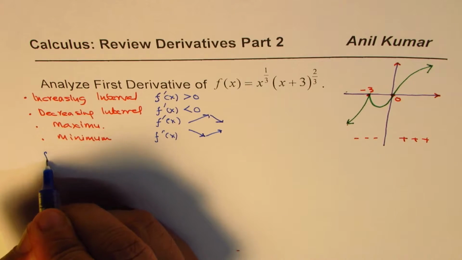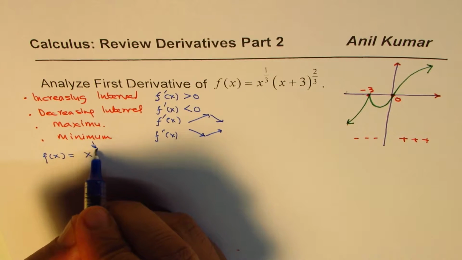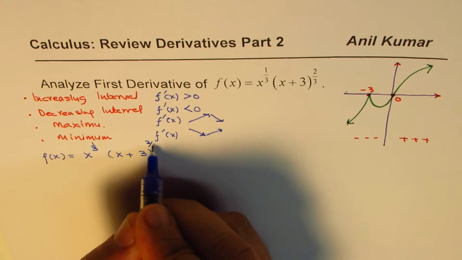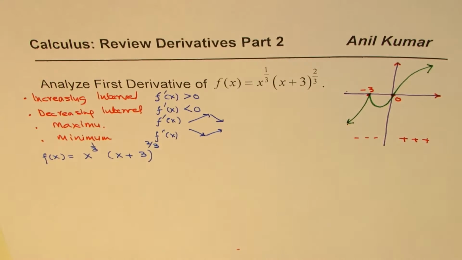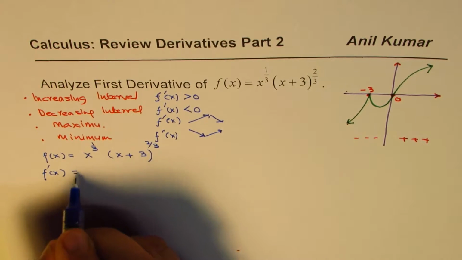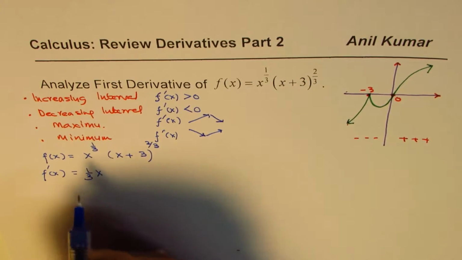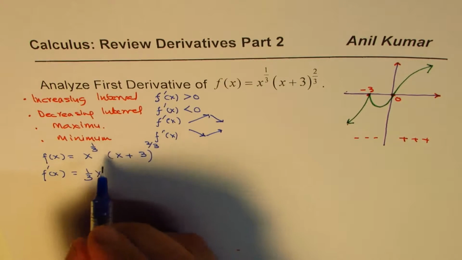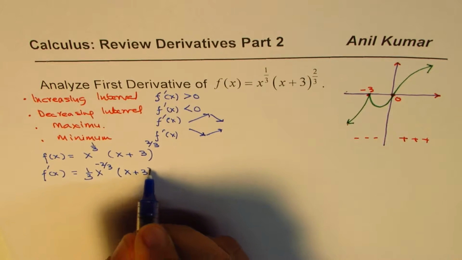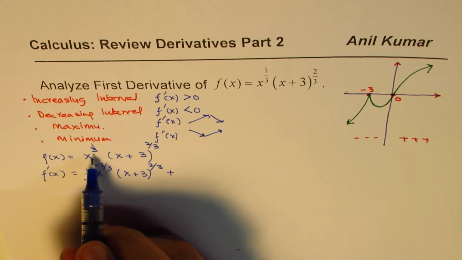So the function here is f of x equals x to the power of 1 over 3 times (x plus 3) to the power of 2 over 3. Now here we should apply the product rule to find the derivative. So f dash x equals the derivative of the first function, which is 1 over 3 x to the power of 1 over 3 minus 1, which is minus 2 over 3, times the second function, plus the derivative of the second function times the first function.